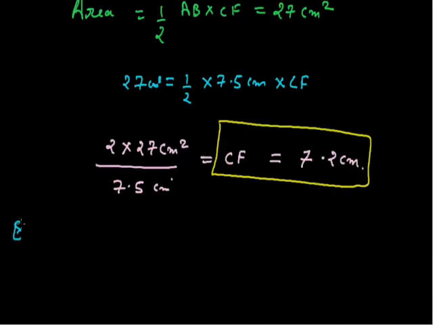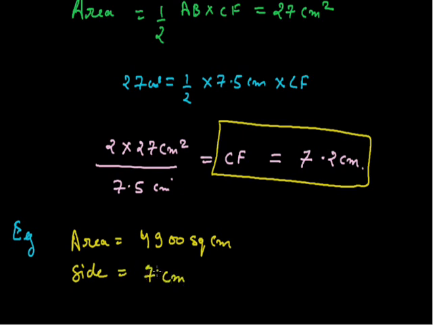If we are given the area of a triangle, that is 4900 square centimeter, and one side is 70 centimeter, and we have to find the corresponding altitude or height.